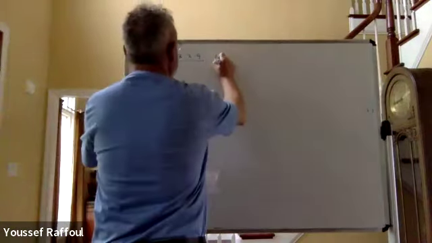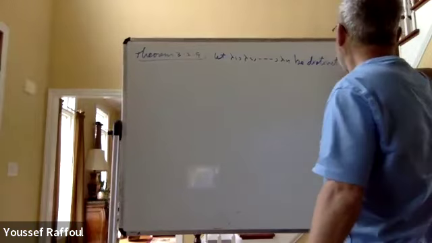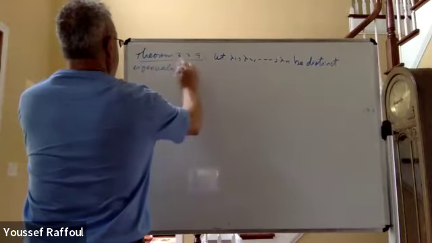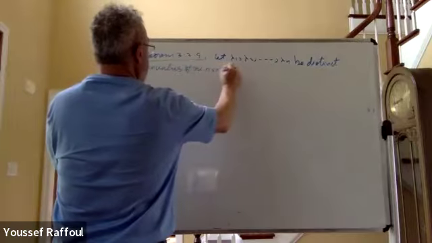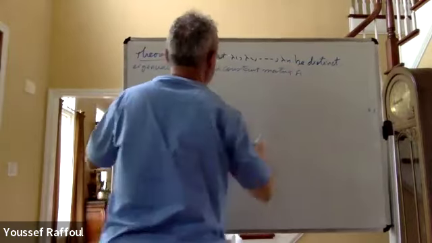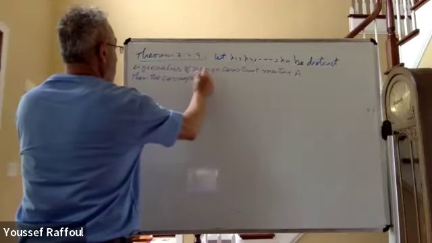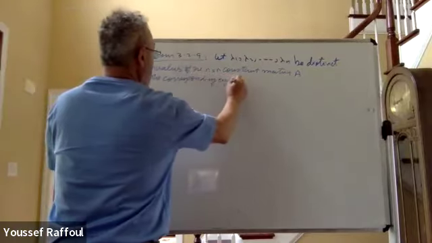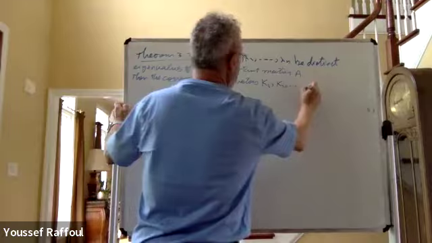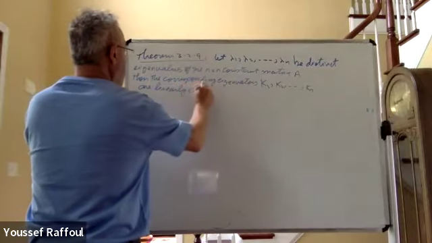Let lambda 1, lambda 2, ..., lambda n be distinct eigenvalues of the n by n constant matrix A, then the corresponding eigenvectors k1, k2, ..., kn are linearly independent.